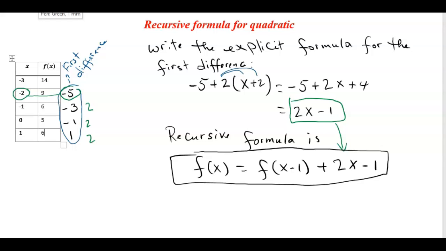You take the first term of the first difference plus the second difference times x minus the term number, just the way I did in those examples.